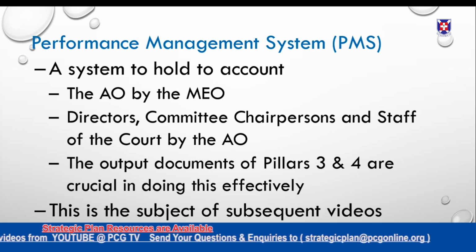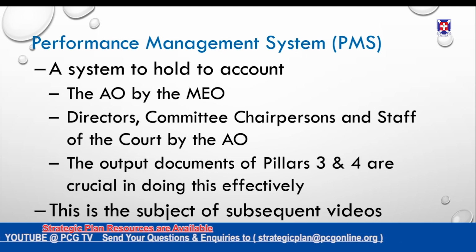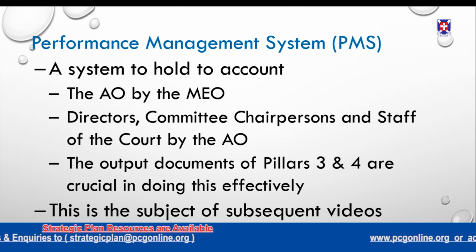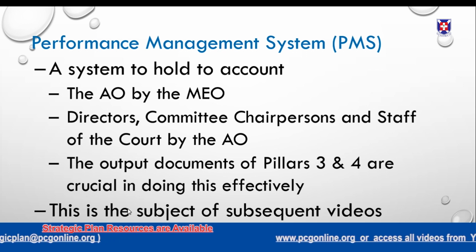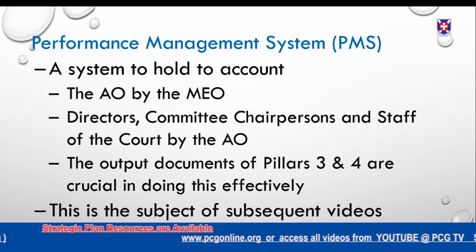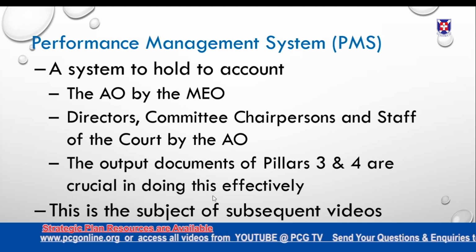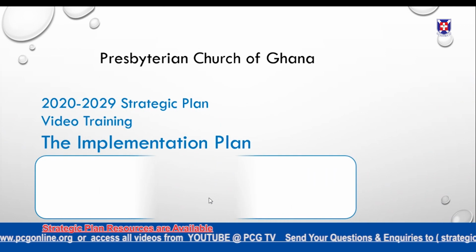If you've planned properly for the presbytery and you can account for what you've done through your monitoring and evaluation report, then you can take the output of this and it can be used to evaluate the performance of the accountable officer. And this is the process we are discussing here. This performance management system is a subject of subsequent videos, so we'll not say much more about it here. We'll go into more detail to understand it.